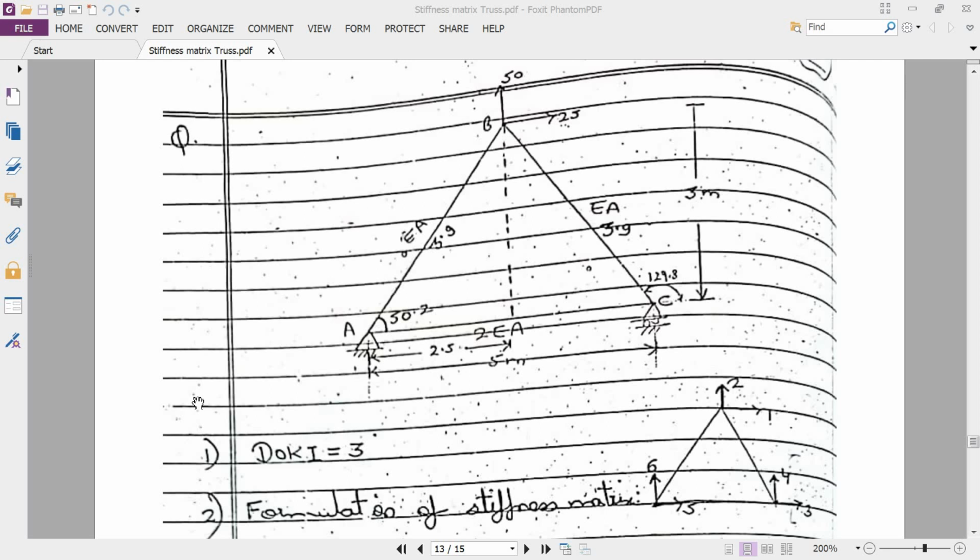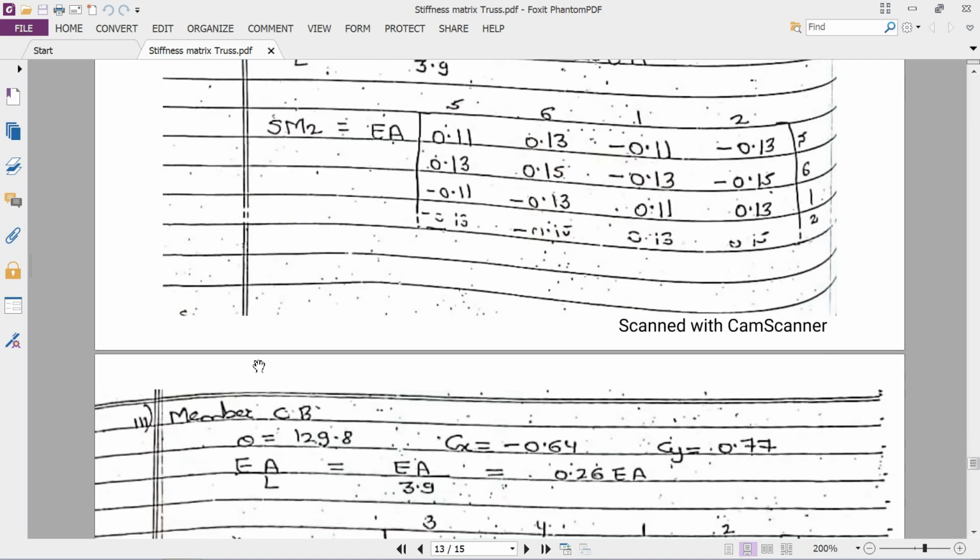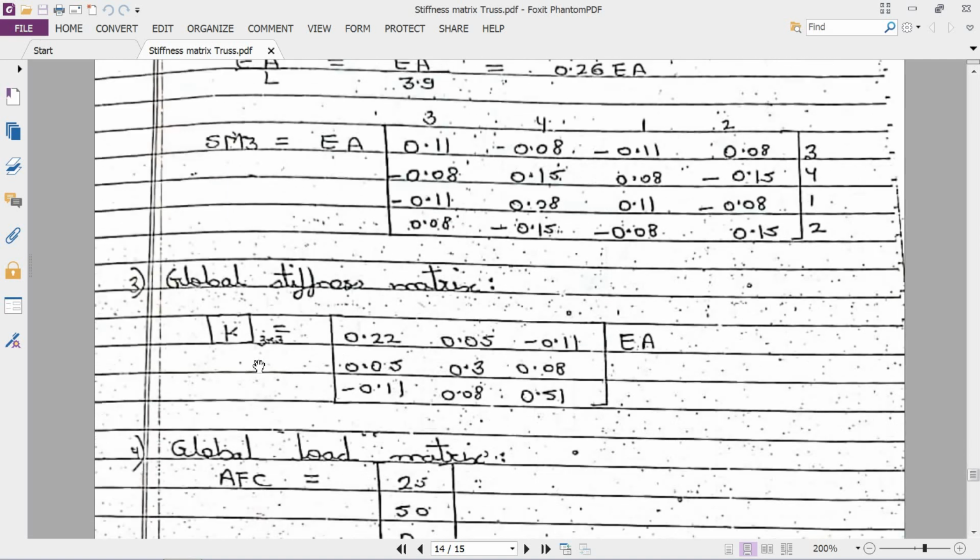And we have to calculate the unknown reactions at the various joints. Let us see how to solve this numerical.